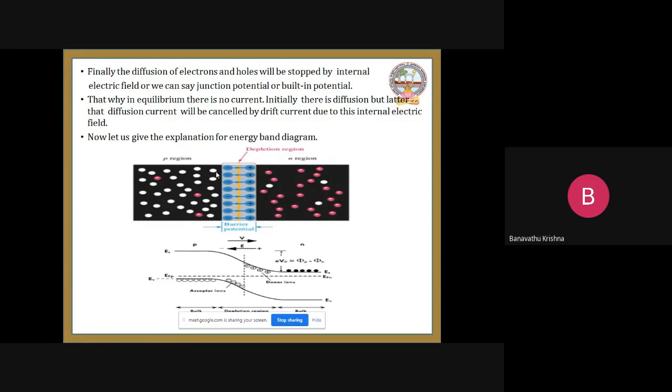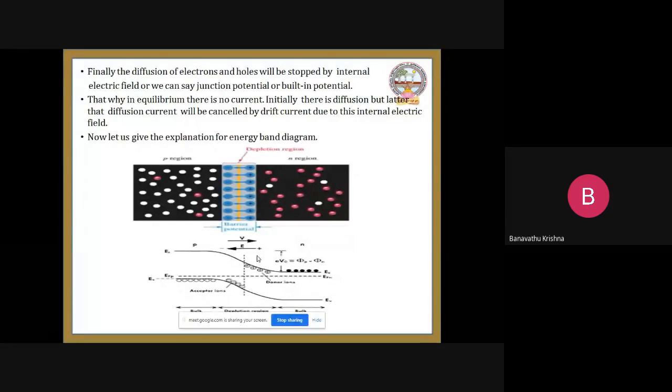Okay. Then what happened? Let us observe the energy band diagram. This is the electron voltage required. As I told you, the electrons jump from one band to another band. There are two bands, valence band and conduction band. How do the electrons jump from valence band to conduction band? A certain amount of external voltage or external energy is applied, and then only the electrons jump from valence band to conduction band.